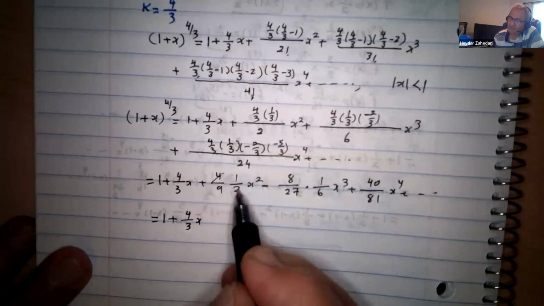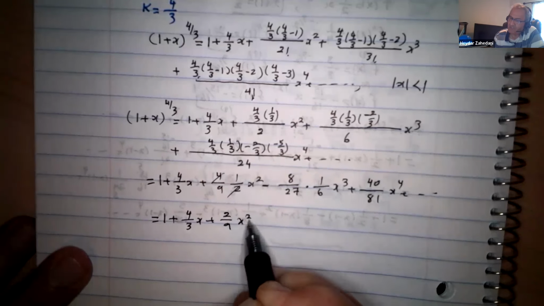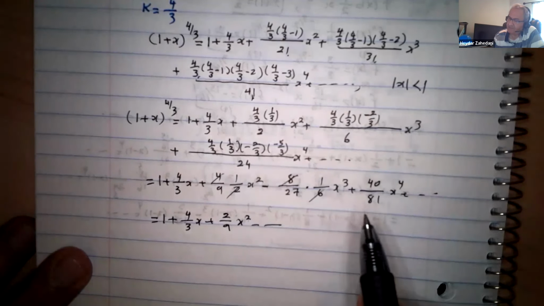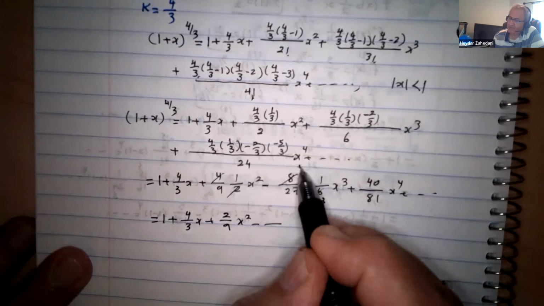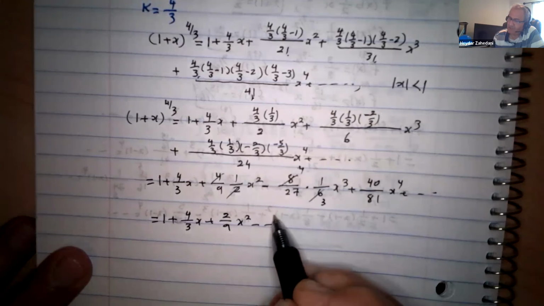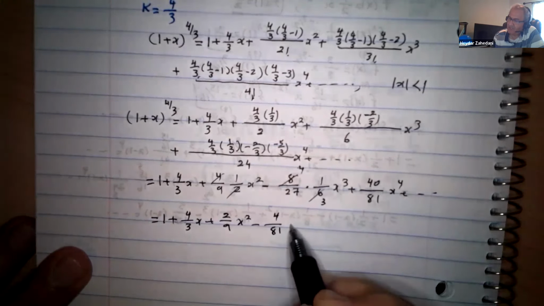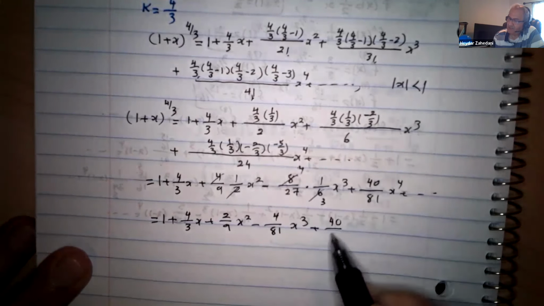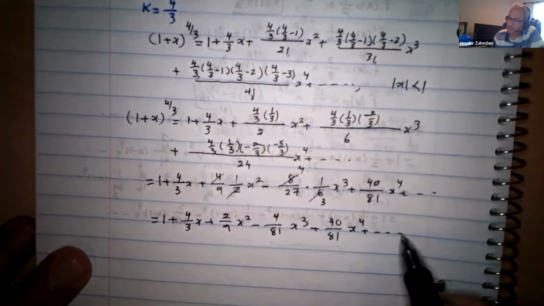You simplify these two, plus 2/9 of x squared minus, and we simplify these two by 2, that gives you 3, that gives you 4 on the top. And this is going to be 81 x to the 3rd plus 40 over 81 x to the 4th, and you're done.